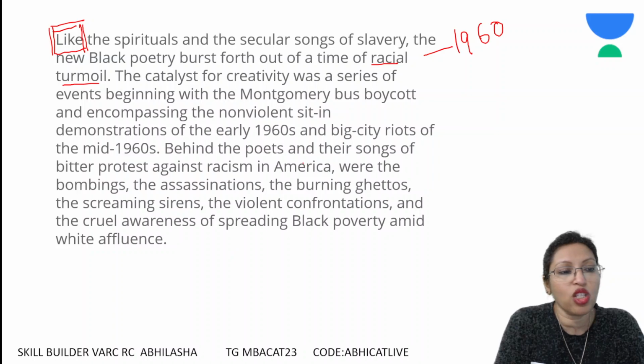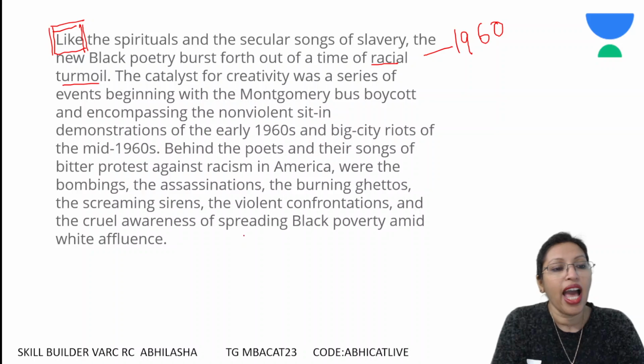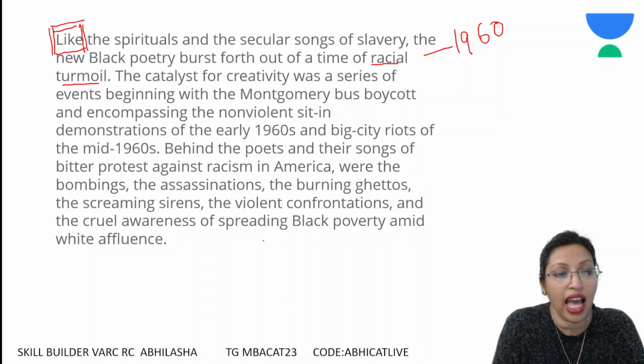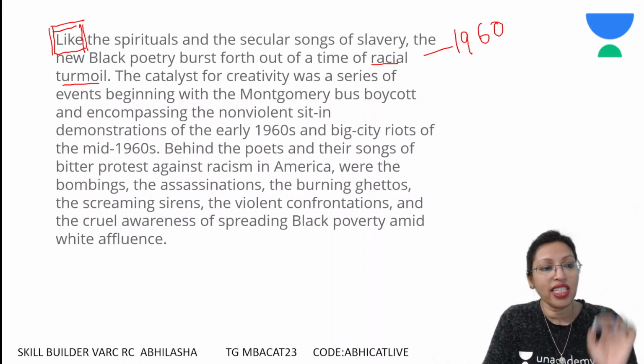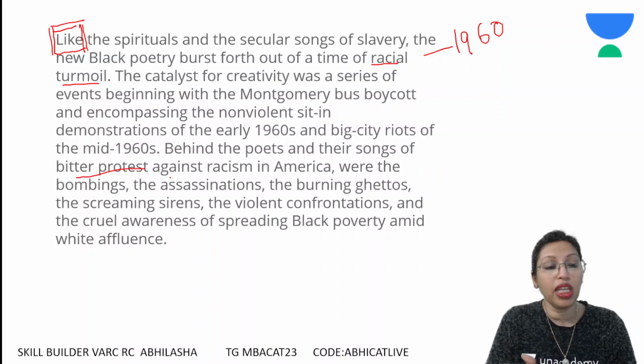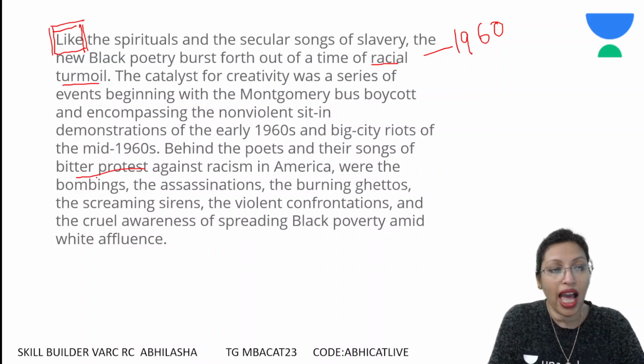Behind the poets and their songs of bitter protest against racism in America were the bombings, the assassinations, the burning ghettos, the screaming sirens, the violent confrontations, and the cruel awareness of spreading black poverty among white affluence. So here, why is there this bitter protest happening by the black poets?